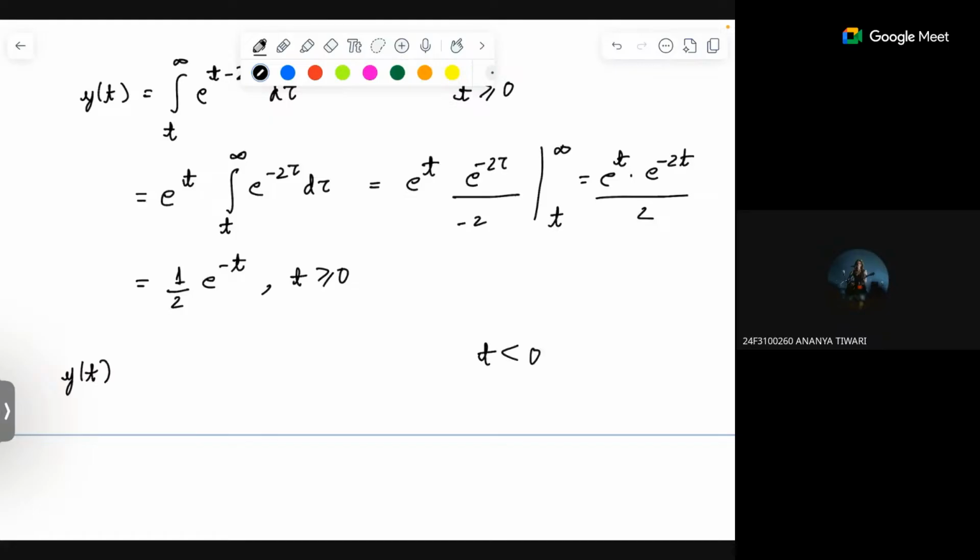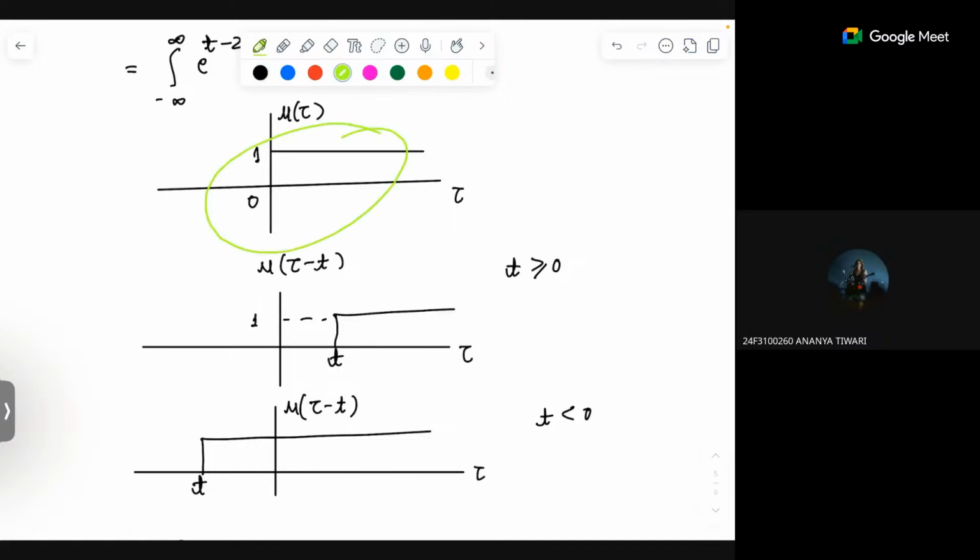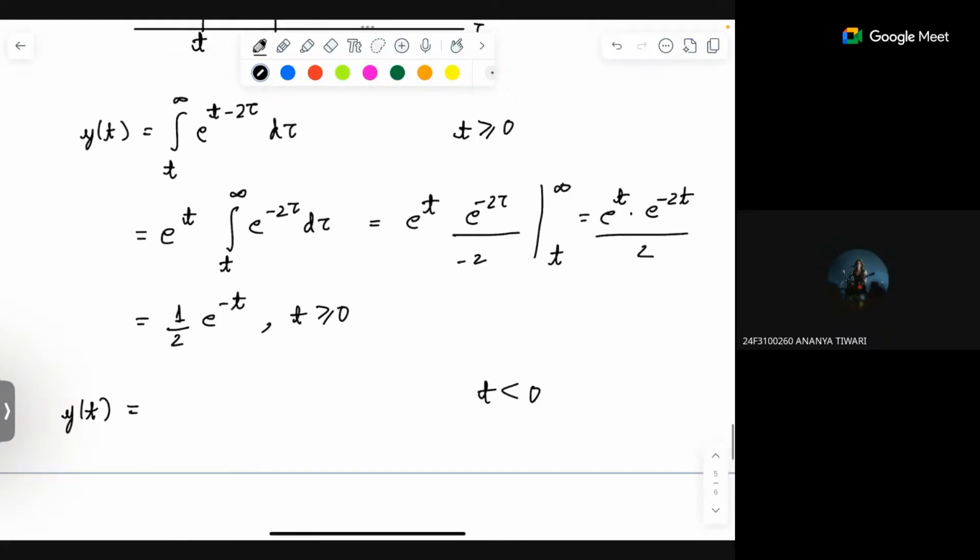Okay, now let us do for t less than 0. For t less than 0, the limit was 0 to infinity. So let us put that, 0 to infinity. This stays the same, d tau.